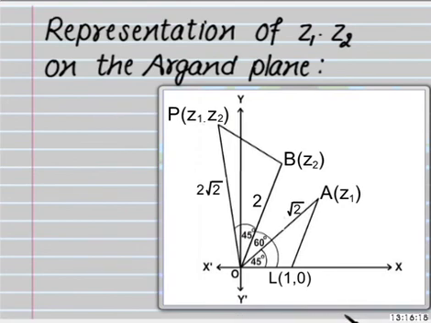Also, construct a triangle OPB similar to the triangle OAL with angle POB equal to 45 degrees. So here angle POX is the sum of angle POB and angle BOX, that is, 45 degrees plus 60 degrees equal to 105 degrees, and OP is equal to 2 into square root 2.